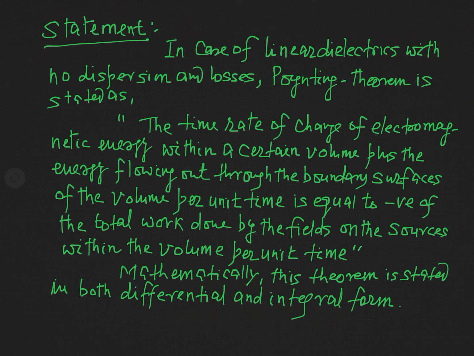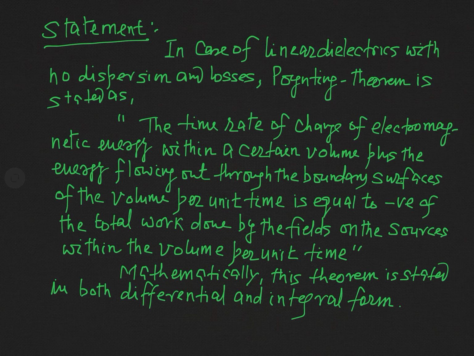What the theorem states is that the time rate of change of electromagnetic energy within a certain volume plus the energy flowing out through the boundary surfaces of the volume per unit time is equal to negative of the total work done by the fields on the sources within the volume per unit time. So this is the statement.